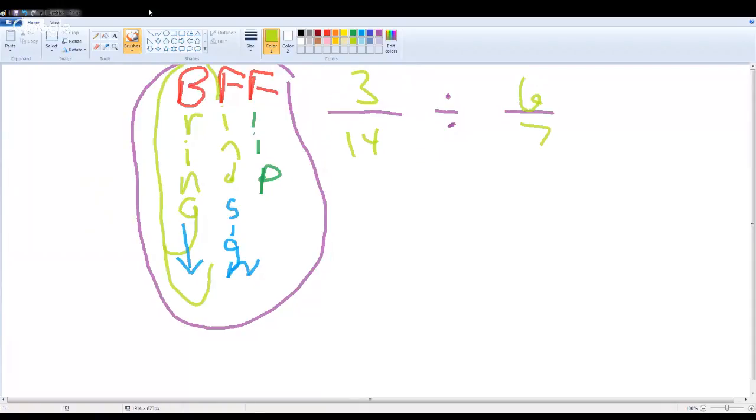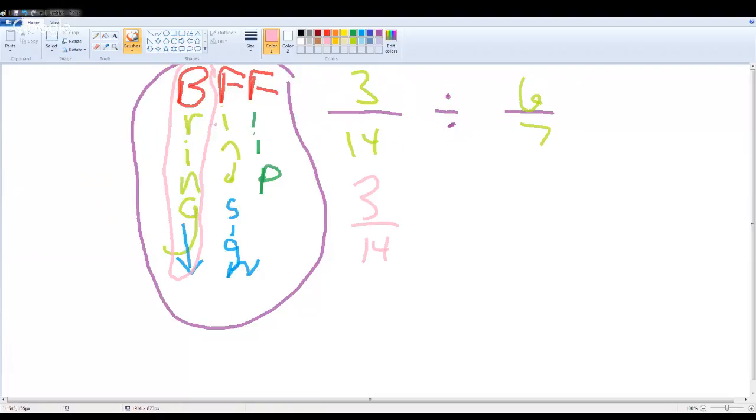Bring down. Bring down means bring down this number. This just stays the same. So 7/14. And then flip sign.